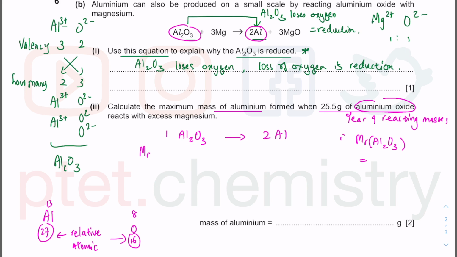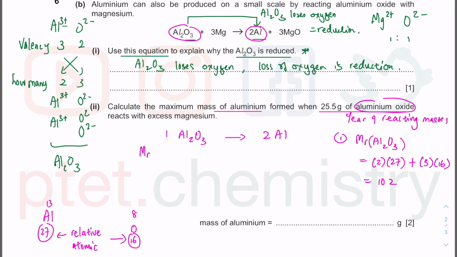But you do need this Mr of Al2O3 in your working. So there's 2 of the aluminium, 2 times 27, because you've got 2 aluminium. Sum up means you total up, or add up all the relative atomic masses. I've got 3 oxygen atoms, so 3 times 16 there. So what I get is 102.